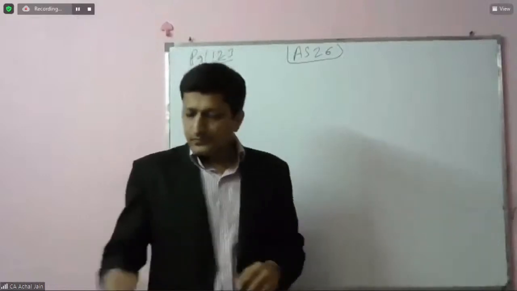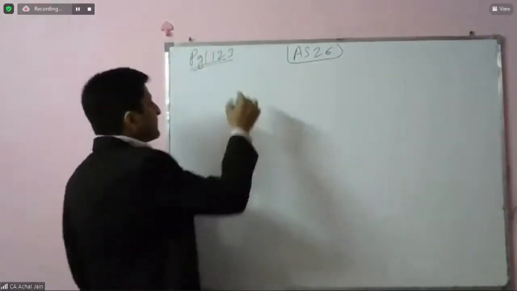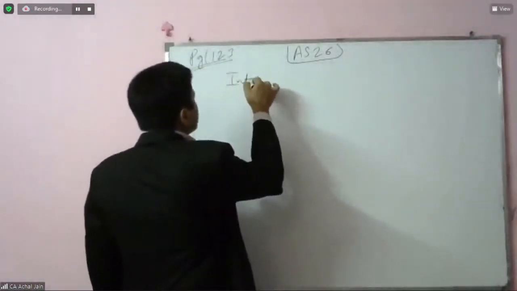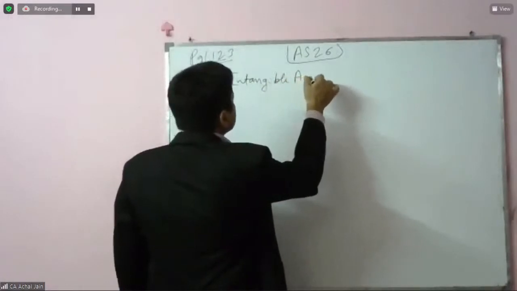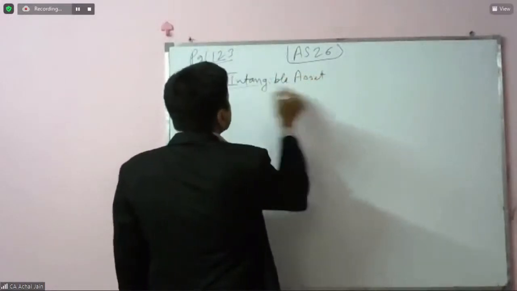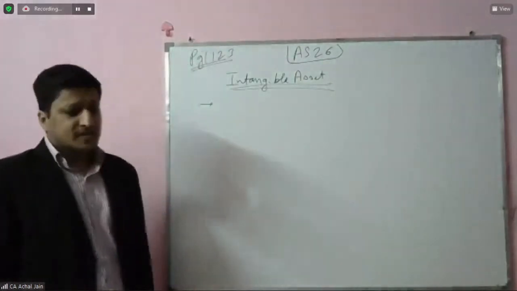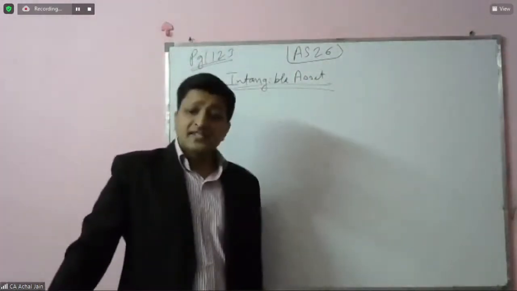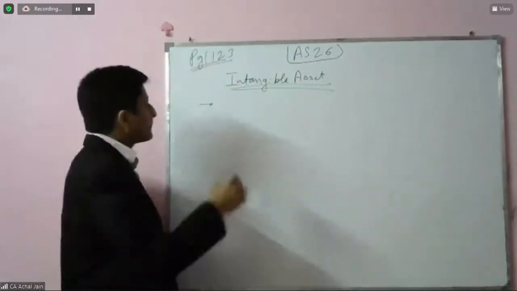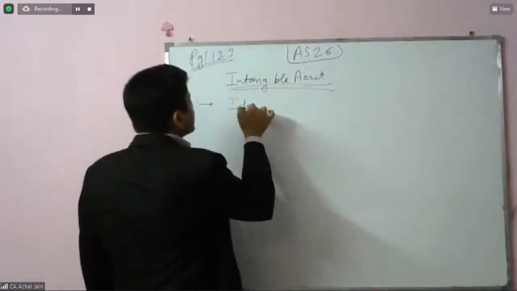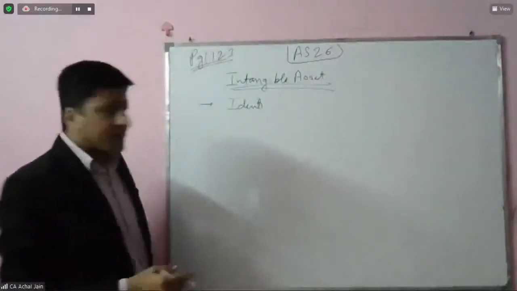Okay. So now starting with this intangible asset, with the definition. So what is an intangible asset? An intangible asset, we can say, is an asset which is without physical substance. And the standard gives us some more things which are attached to this.